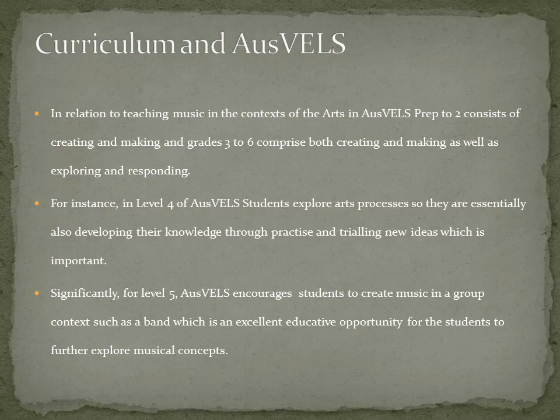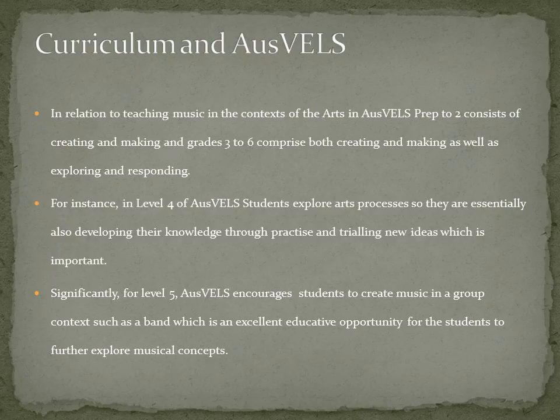And I really like how in Oswald's, it says in level 4, students explore art processes. So they're essentially developing their knowledge through practice and trialing new ideas, which is really important. So trial and error and practice in the sense where they can try new things. So I think that's really important.